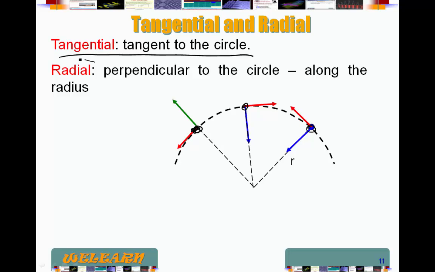What we define as radial is something perpendicular to the circle, which can be towards the center of the circle, like this blue arrow or this blue arrow here, parallel to the radius, or away from the center of the circle, like that green arrow. Both the blue and the green arrows, we call them radial.